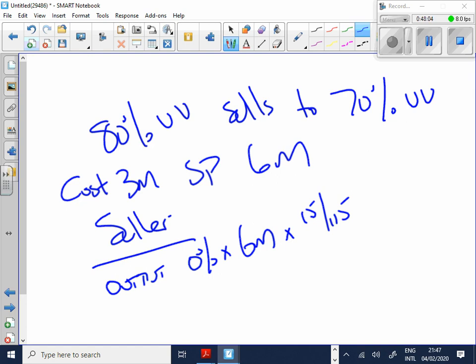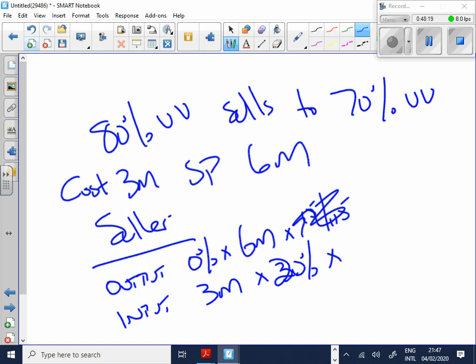There's no VAT. Are you guys comfortable with that? Well, technically 60%. Input, what do you get to claim? 3 million times by 20% times by 15 over 115. Are you guys comfortable with that?